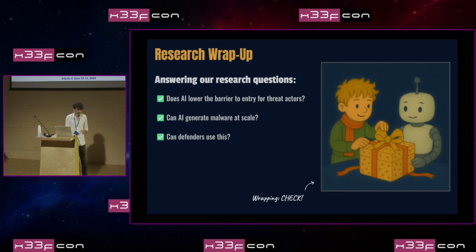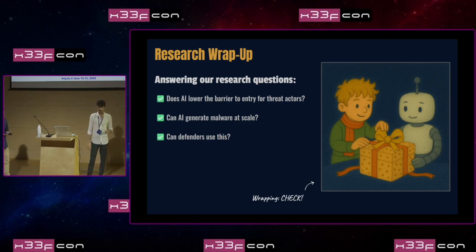So, to summarize, we set out to answer a couple of questions. Does AI lower the barrier to entry for threat actors? Can AI generate malware at scale? And can we, as defenders, use this for our purposes? And the answer was a resounding yes. We built a system that required no technical expertise.